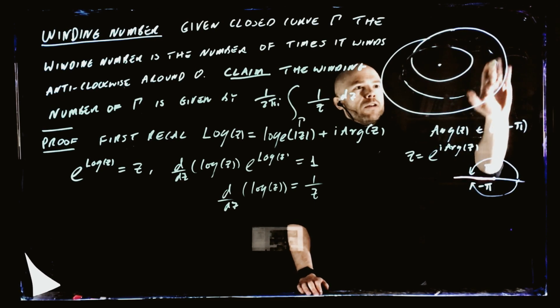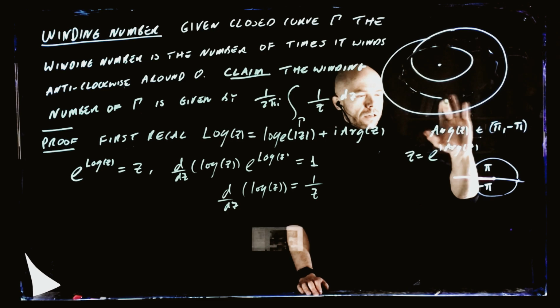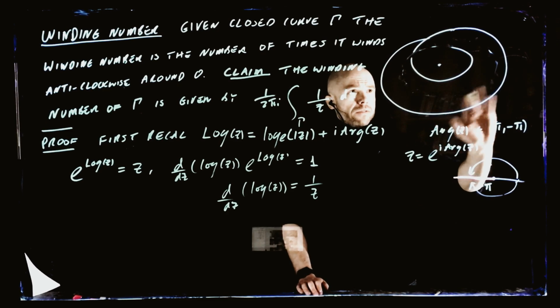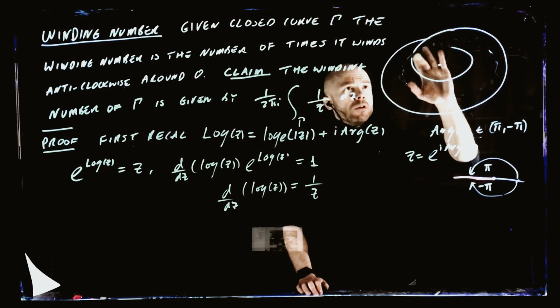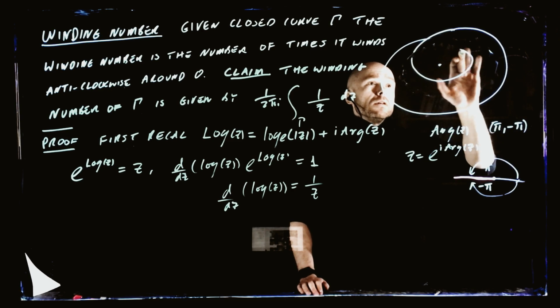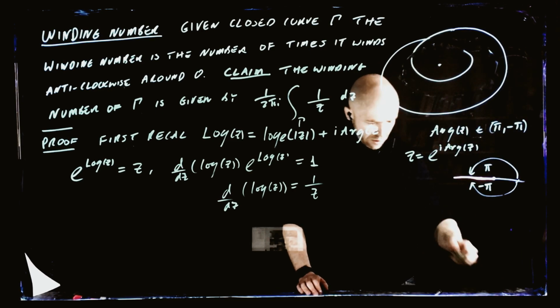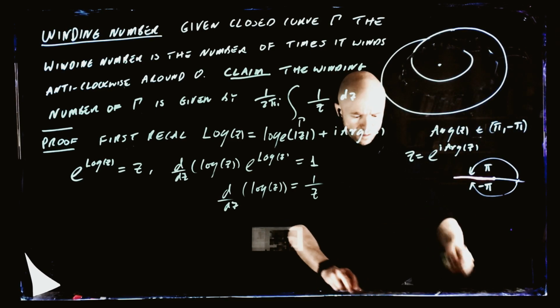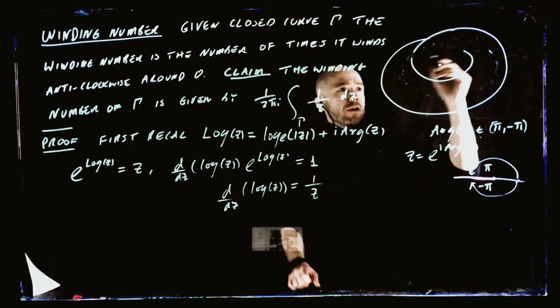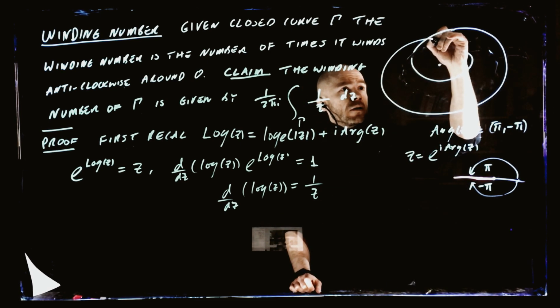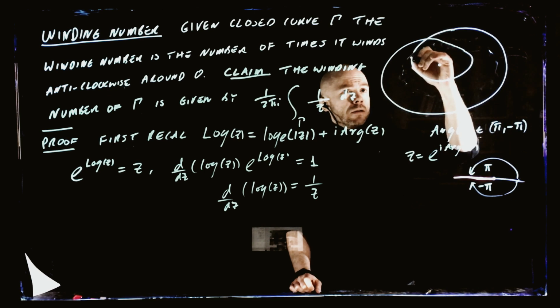I'm going to show you that if we loop around 2 times, we're going to get exactly the right thing, and the argument works in general. But we're just not going to write out all the details because it looks somewhat lengthy.